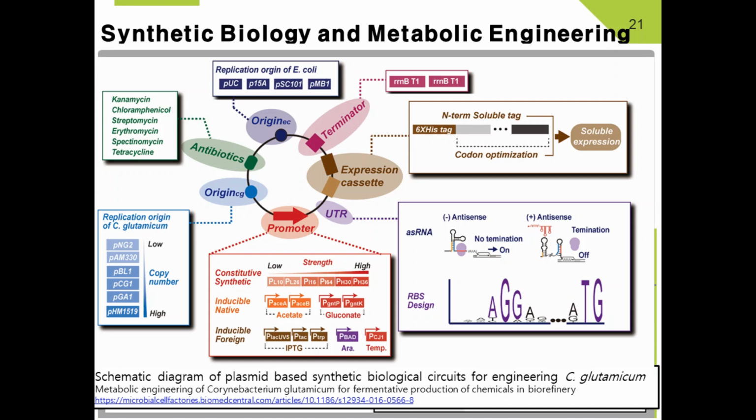So the chemical to induce this type of reaction is IPTG or arabinose. Yeah, arabinose is a monosaccharide, and temperature, like if you turn the temperature higher, it would cause this promoter to activate this gene. So that's what inducible means.